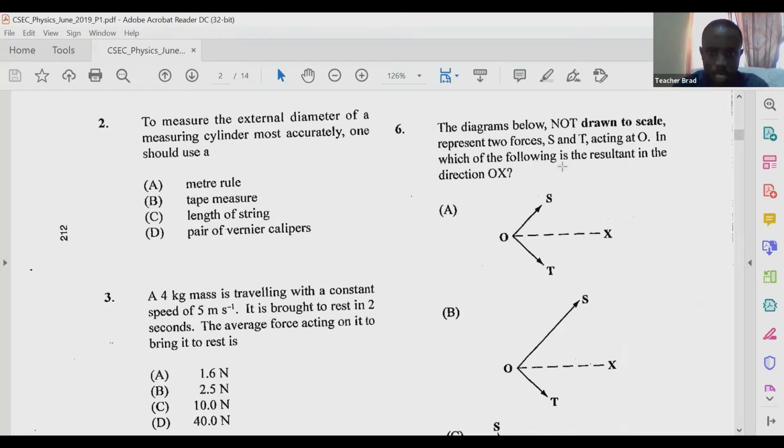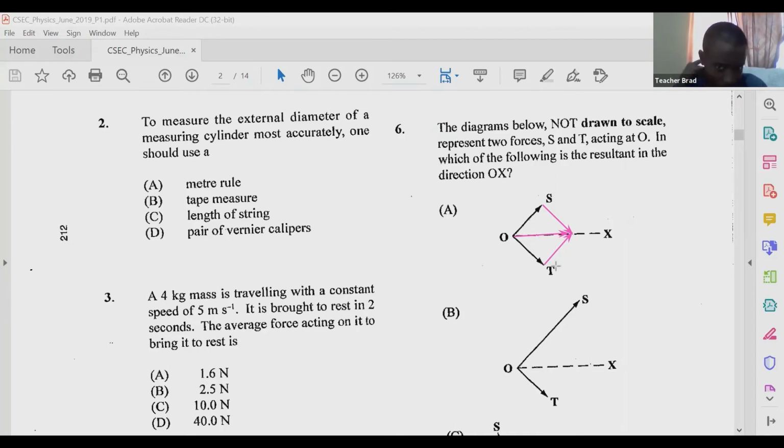So I could just complete a nice little parallelogram here and get what the resultant would be. If I do it like this and complete the parallelogram, then my resultant would be smack in the OX direction. So I really don't have to go any further than A, because I've seen that this resultant is smack in the OX direction.